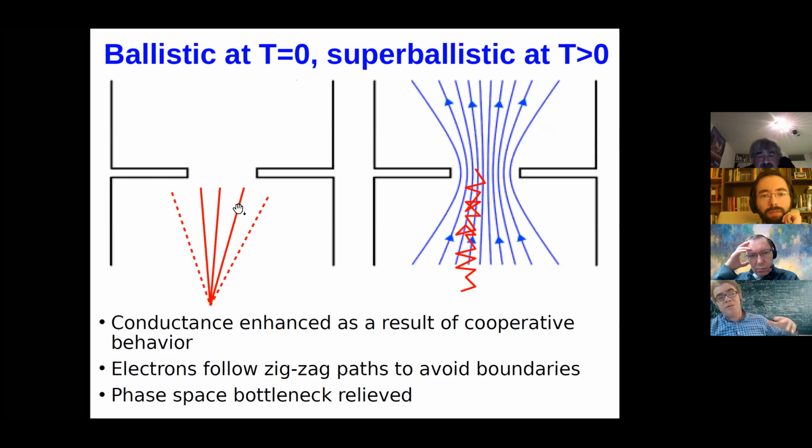In particular, when you go from the ballistic regime to the hydrodynamic regime, conductance goes up, meaning the resistance drops. That's unusual, because usually when you introduce collisions, you expect that collisions will prevent you from conducting, and here they help you conduct. So that's a signature of hydrodynamics that we proposed and they found.